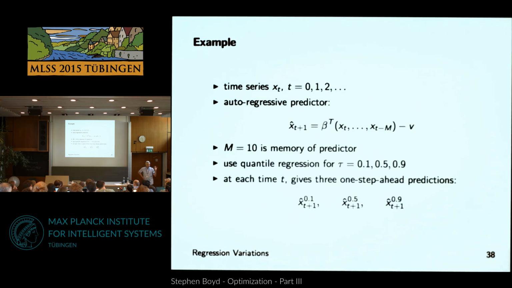And we'll take m equals 10, so we're going to do a linear prediction to predict the next time step based on the last 10. And we'll use quantile regression for tau equals 0.1, 0.5, 0.9, and we're going to get 3 different predictions: the centered one, the 0.1, and the 0.9. And these are essentially predictions of quantiles, right?